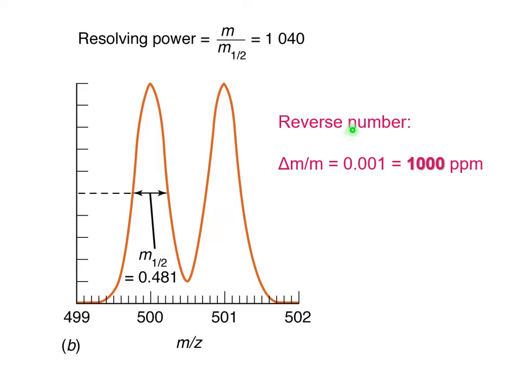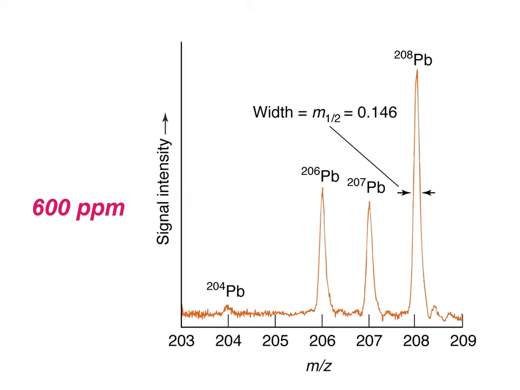Often we use the reciprocal number for resolution, so delta M by M is 1/1000, or 1000 parts per million, 1000 ppm. So this will be the resolution of this particular spectrum. Okay, what about this spectrum? These are lead ions, several different isotopes.